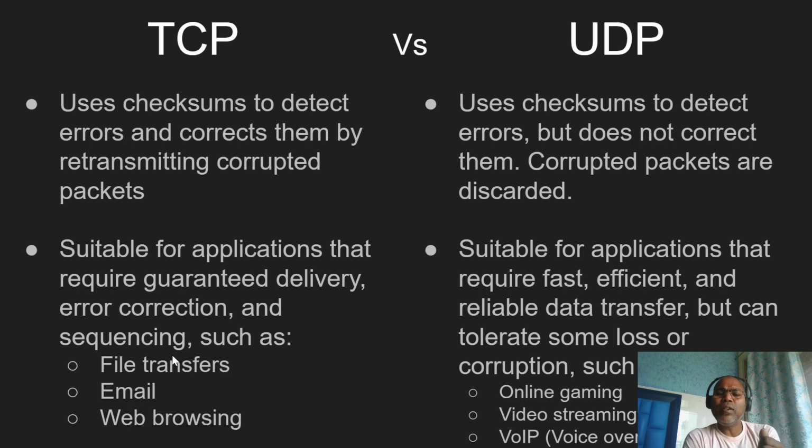In the other case, timing may not matter much, but I want the data always to be delivered. Maybe after 5 minutes, 1 minute, 2 minutes, or a millisecond, no problem. So this is the nature of the application, and this is how we choose between TCP or UDP. This is the gist between these two protocols.